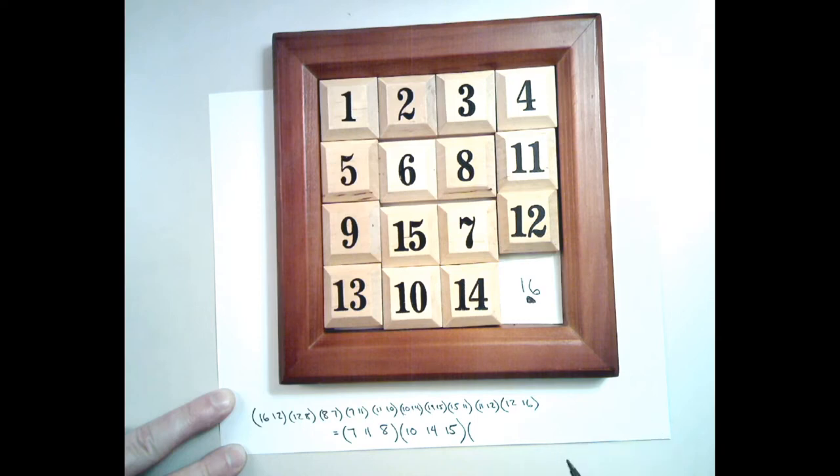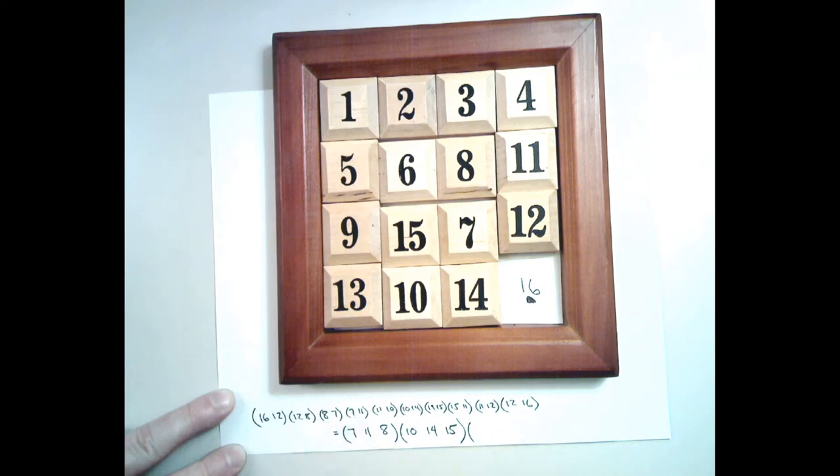Are there any numbers that appear in a transposition here that do not appear down here yet? Well, 16. So 16 goes to 12, 12 goes to 11, 11 goes to 15, which goes to 14, which goes to 10, which goes to 11, which goes to 7, which goes to 8, which goes to 12, which goes to 16.